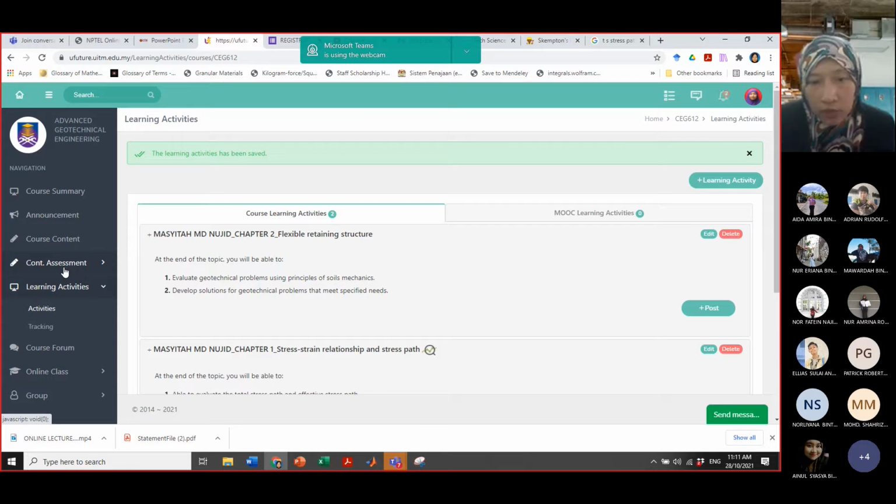Ada some students dia dah back to campus in phase 1 or phase 2, but for the remaining weeks 1 to 7 kita masih lagi menggunakan medium online Microsoft Teams. After that ada face to face punya physical lah.